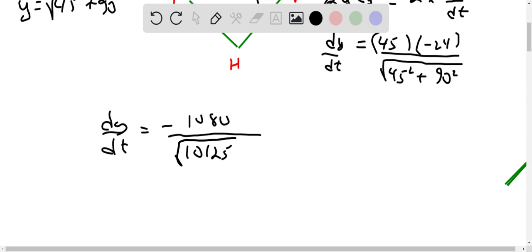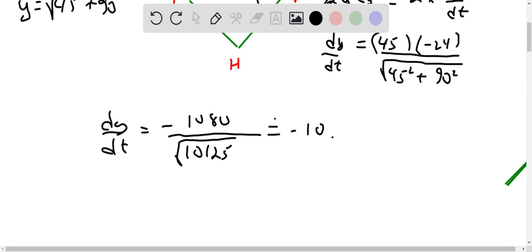So negative 1,080 divided by the square root of 10,125 is approximately negative 10.733 feet per second.